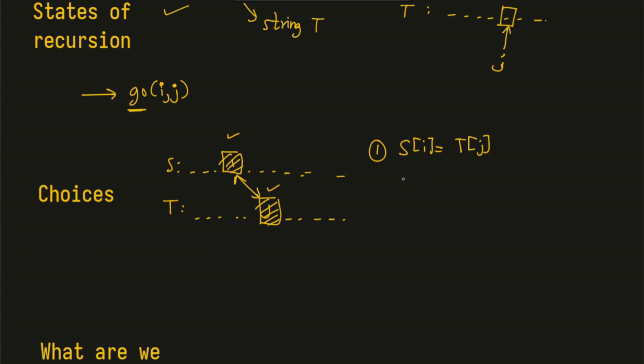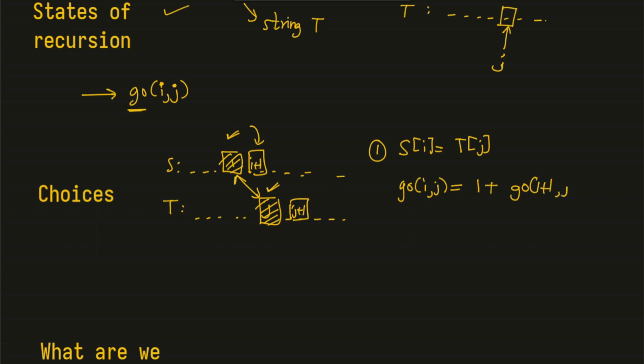If that is the case, then the answer for this state could be 1 plus the answer we get if we have evaluated this and considered both of these in the subsequence. The next choice that we can go over should be i plus 1, and the next choice for this would be j plus 1.